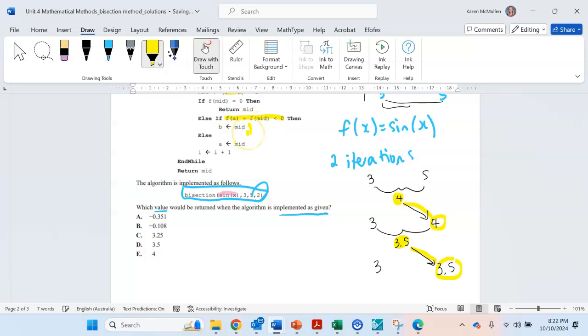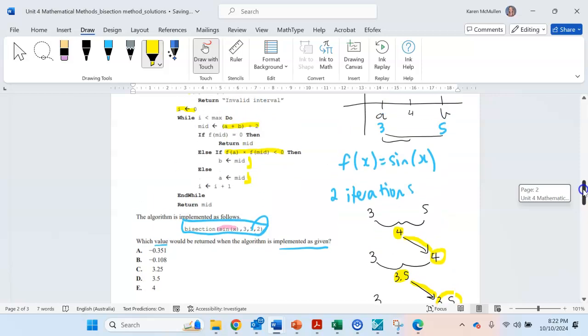You're either applying your mid to b or your mid to a. Because we'd already gone through the first iteration, in our second iteration the midpoint became b, 3.5. So we stop there. We don't put in the new midpoint because that is back up at the top of our algorithm. So we just stop at 3.5. So the answer is D.